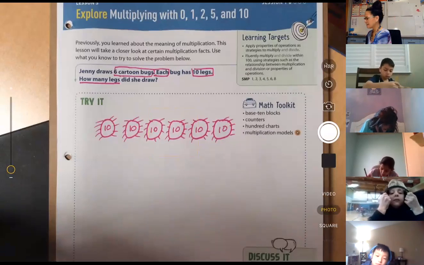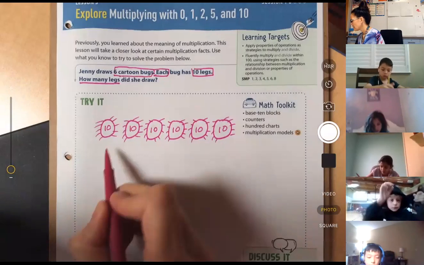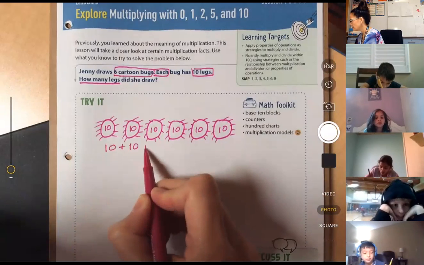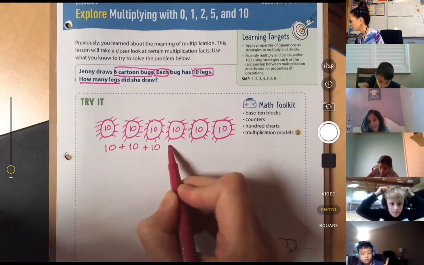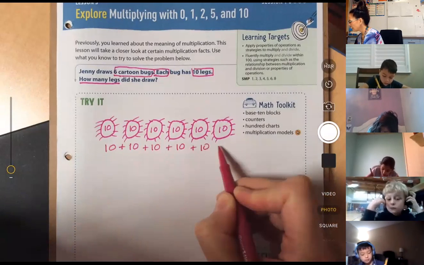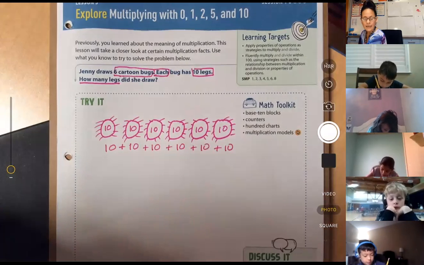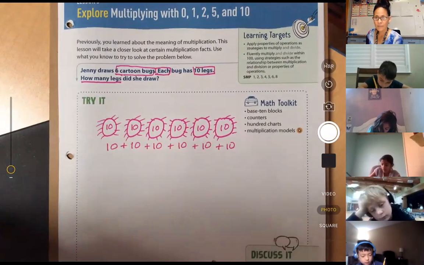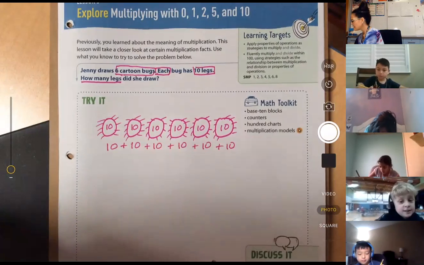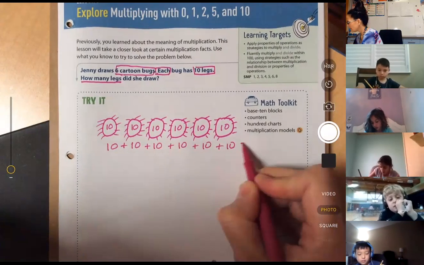It's going to look like this. 10 plus 10 plus 10 plus 10 plus 10 plus 10. And of course, the sum of that repeated addition is 60.